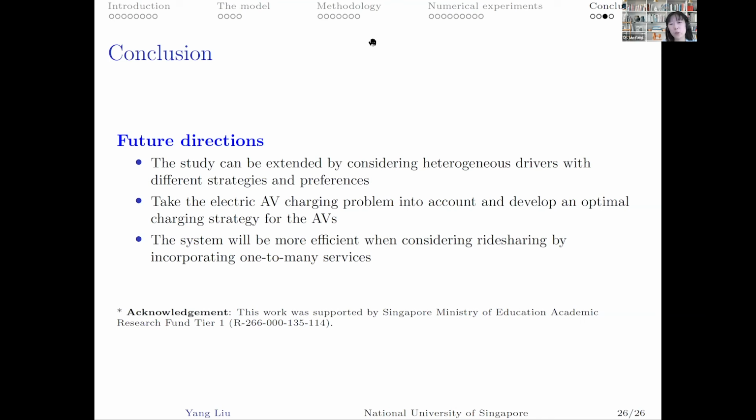The only information we need is the travel time, right? If we want to consider maybe a congestion effect, then we need to use the real road network. But for our study, we only need the travel time information.